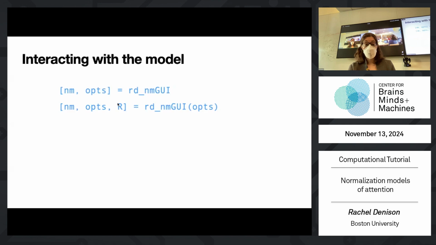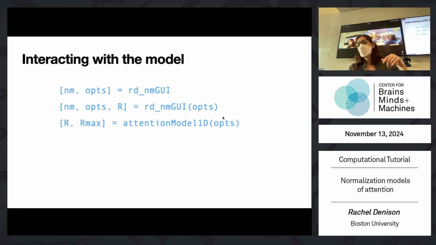And if you want to get a little more into the guts of this, you can go look at attention model 1D, which can also take this option structure. I should say that this code is modified from code that was released by Reynolds and Heeger for their normalization model of attention, which is attached to a paper I'll be talking about in a couple of minutes.